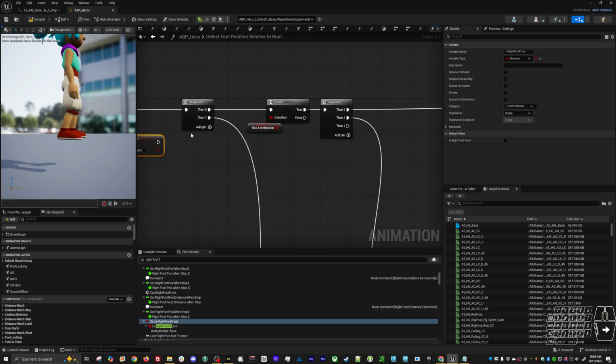And then we say, do we have acceleration? Basically, we want to check these values while we're moving so that we are getting our foot positions relative to our root position on the fly, at runtime, in real time.